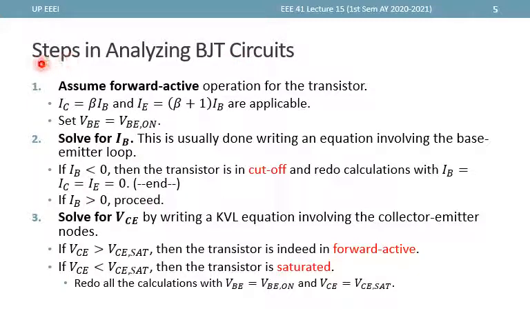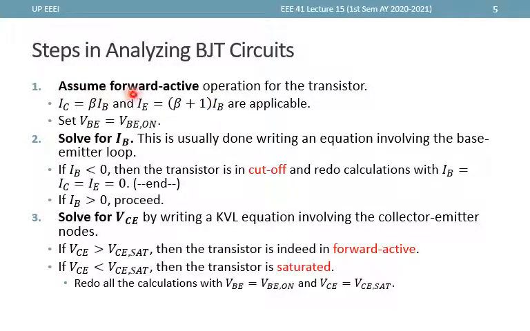First, you can assume that the BJT is in the forward active region of operation, and under this assumption, we can use IC is equal to beta IB, and by KCL, since IE is equal to IC plus IB, then this is beta IB plus IB. So we can use these equations.